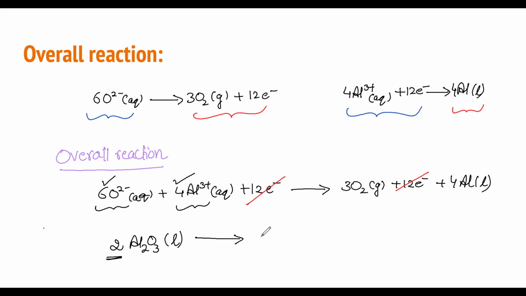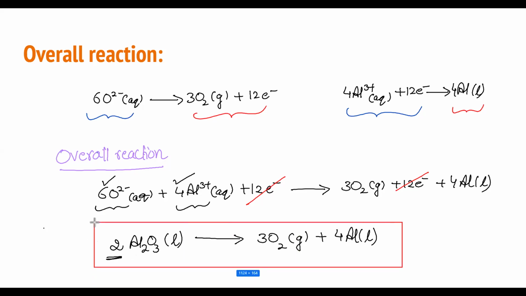The products will be as it is, 3O2 gaseous plus 4Al liquid. This is how we write the final equation. Yes, this is the overall reaction that takes place in extraction of aluminium from alumina.